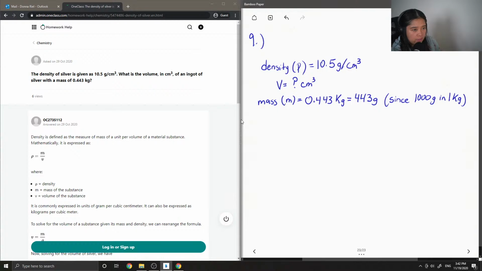first let's recall the equation. Density is equal to mass over volume. So to rearrange and solve for volume, it's just going to be volume is equal to mass over density.